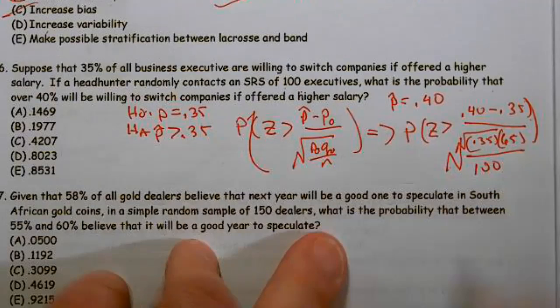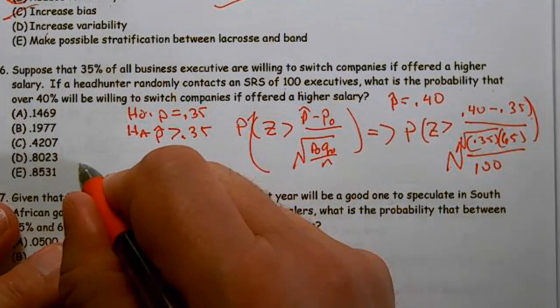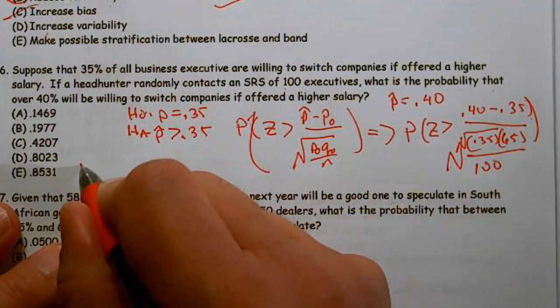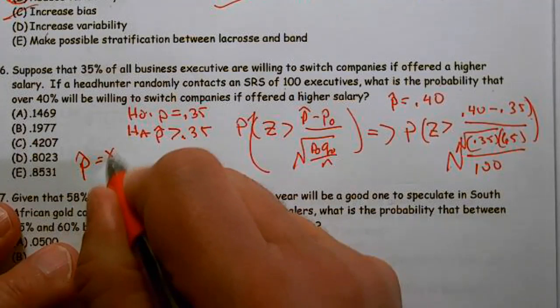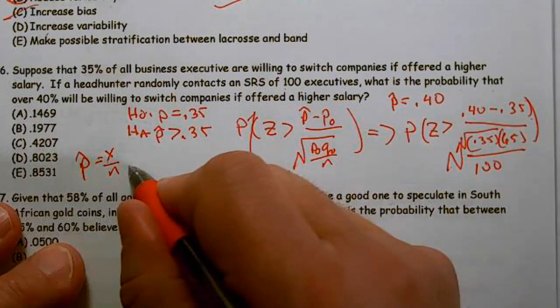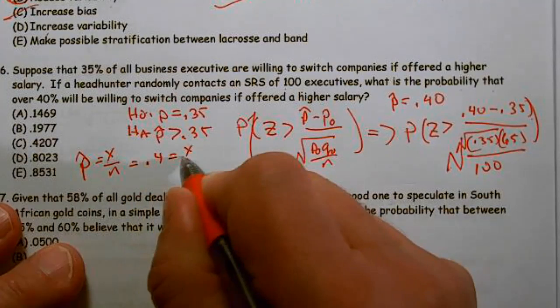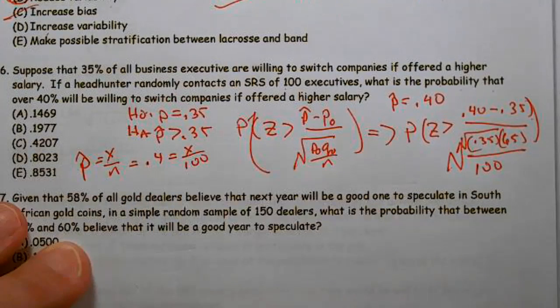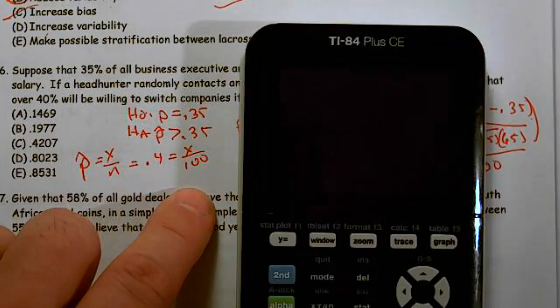All right. But I'm going to run into a problem when I get to my calculator, because my calculator is not going to ask me for P hat. It's going to ask me for X and N. Well, P hat equals X over N, which in this case, P hat equals 0.4 equals X over 100. Please remember X and N must be whole numbers.